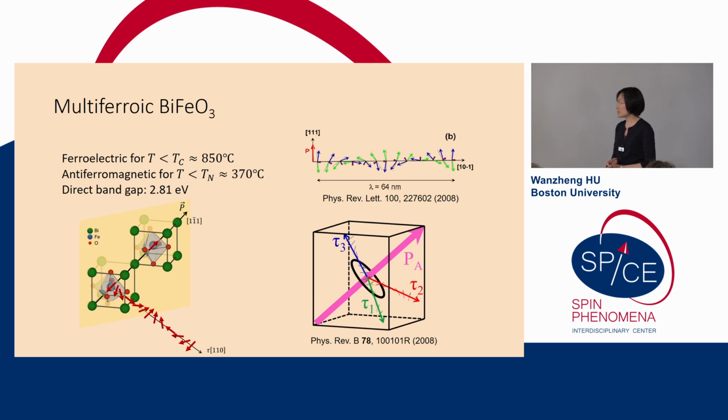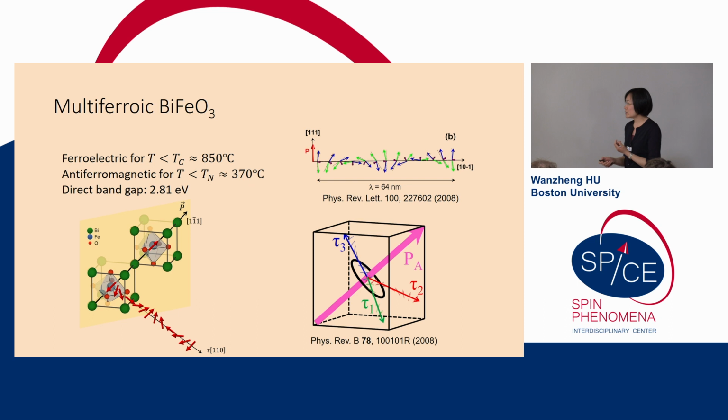The magnetic structure of bismuth ferrite is a little bit complicated. The spin on the iron site is in antiferromagnetic order in one unit cell, but it's a little bit canted, so it has a net spin pointing. And then if you explore away from this unit cell, along the direction, I forgot to say, one of the body diagonal directions is the ferroelectric polarization direction.